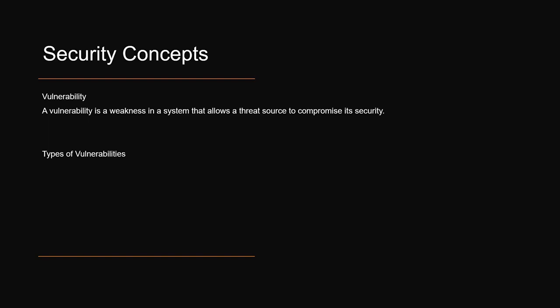Common types of vulnerabilities include buffer overflow, SQL injection, cross-site scripting, and many more. Exploitation. Once a vulnerability is identified, attackers can exploit it by using specific techniques or tools to take advantage of the weakness. This could lead to unauthorized access, data theft, system crashes, and other malicious activities.